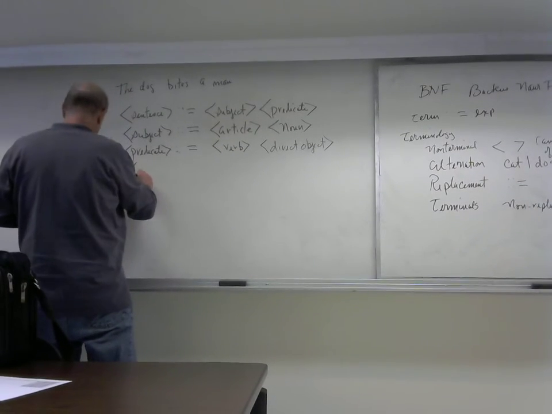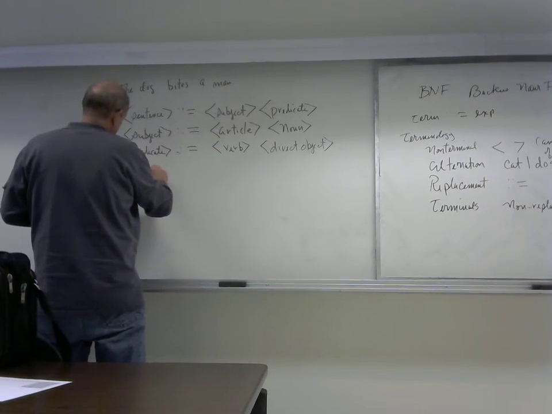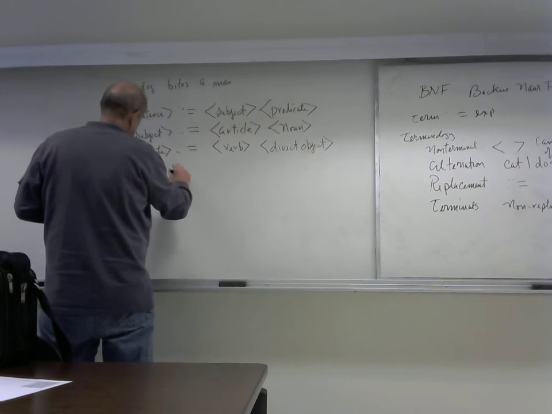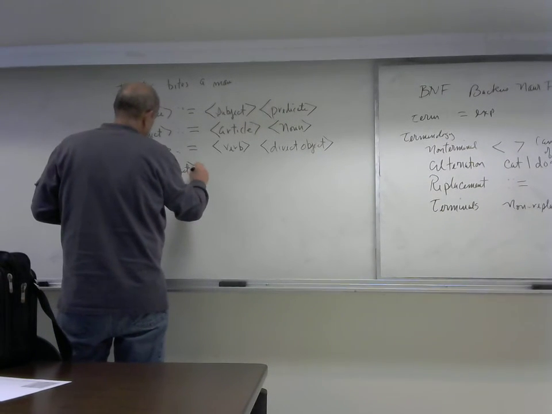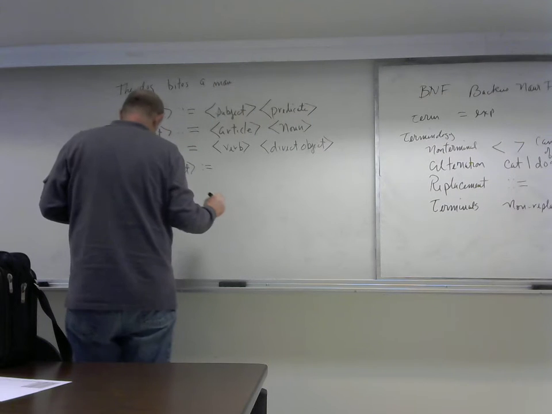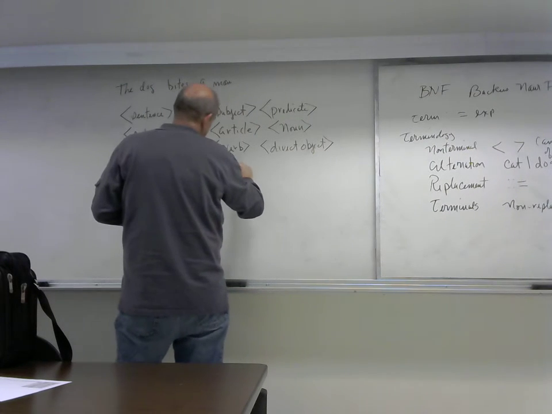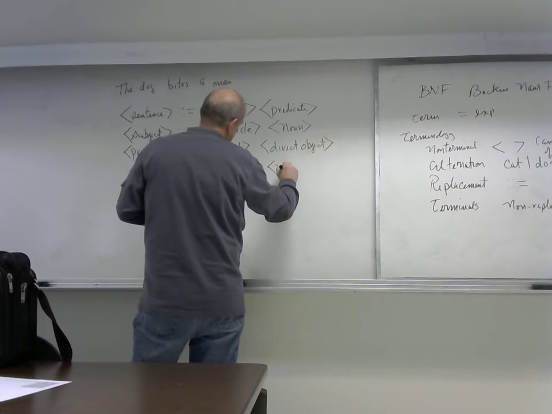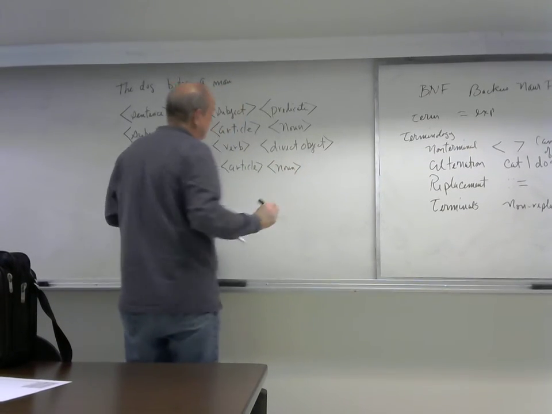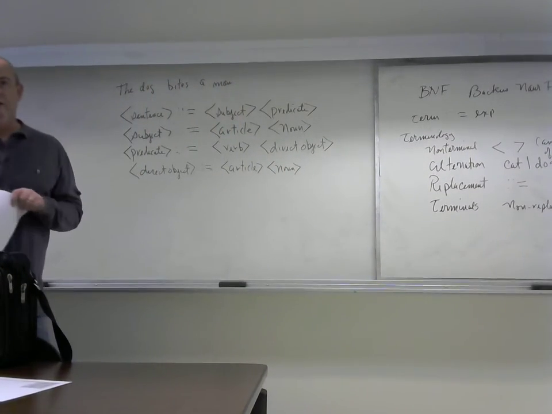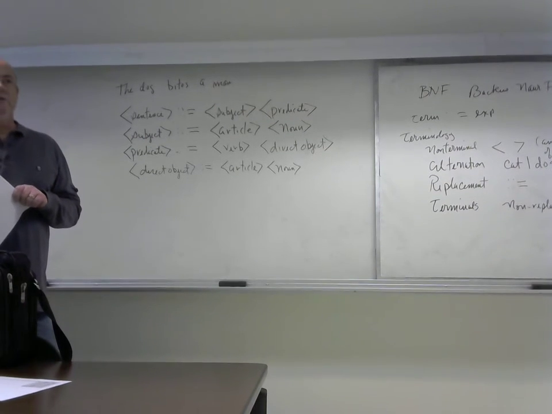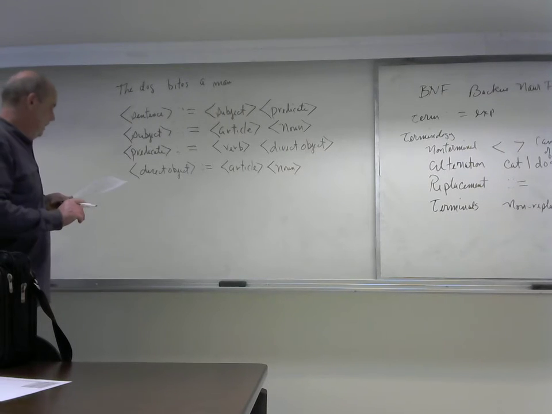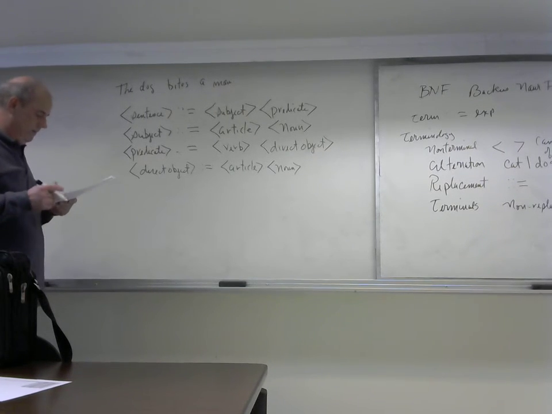And a direct object is an article and a noun. So what you're trying to do is come up with a list of everything that's legal. It's obviously easier to do this for Java than it is for English. You get the drift of it here.